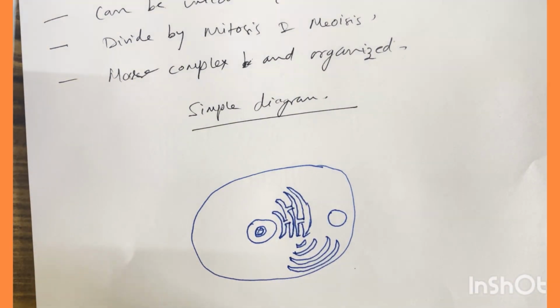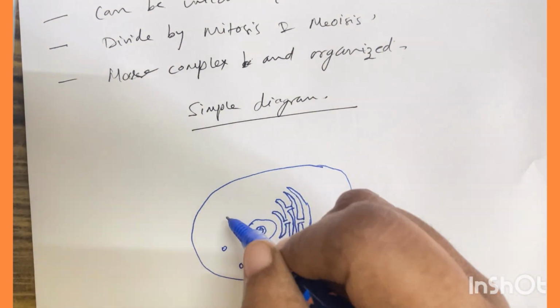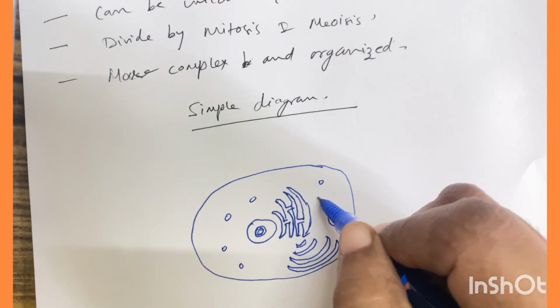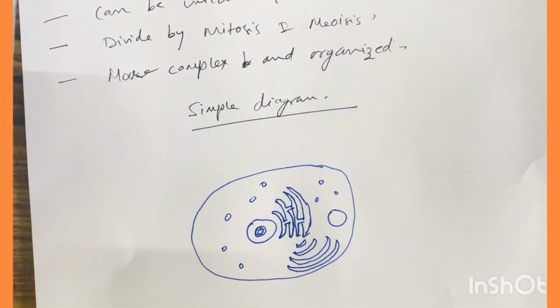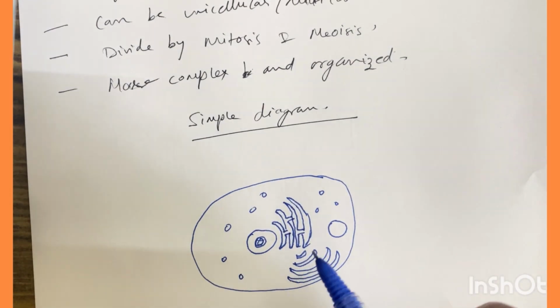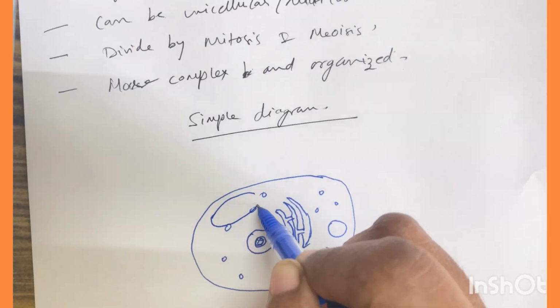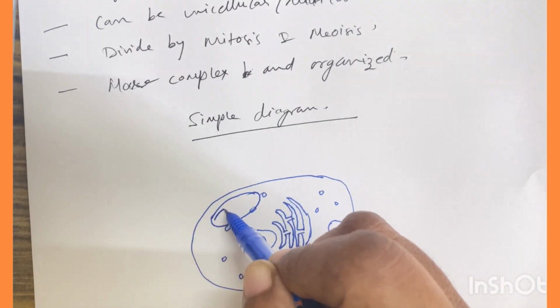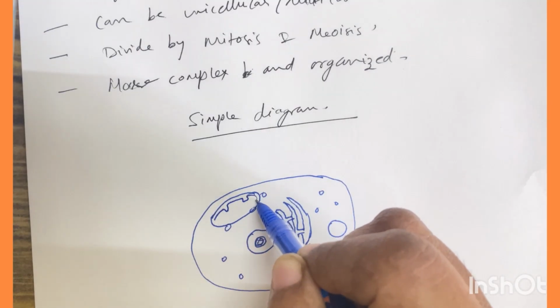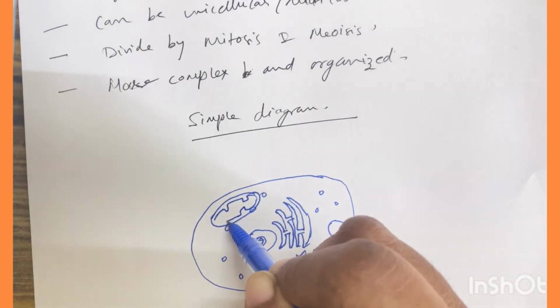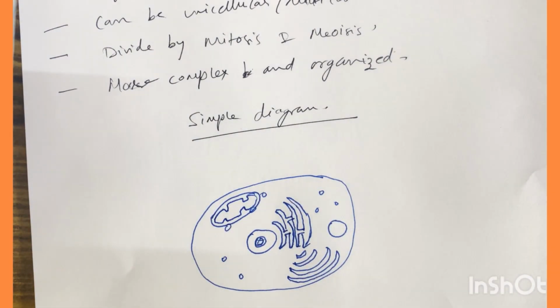Now, this is your lysosome and the protein forming apparatus called ribosomes are there. Okay. And of course, one more important organelle which we call the powerhouse of a cell, which is our mitochondria, a very important organelle in a eukaryotic cell. Okay. So, this is a very simple plain diagram of a eukaryotic cell.